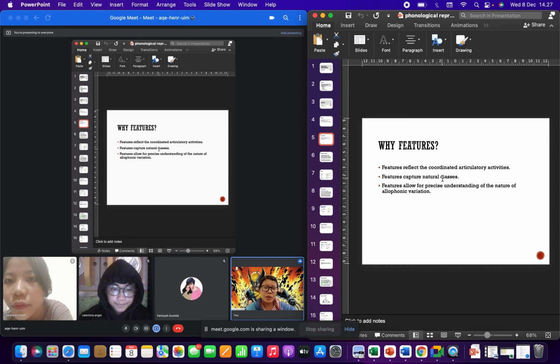So we can say in a simple way that features reflect the coordinated articulatory activities. Everything that relates to the production of sounds is also known as the feature reflex.